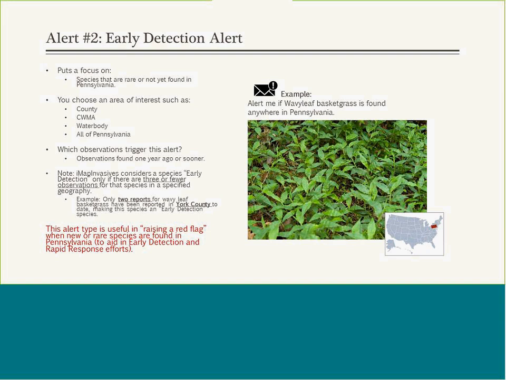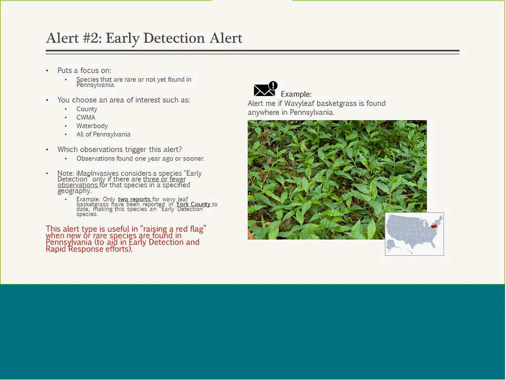You could say, alert me if wavy leaf is found anywhere in Pennsylvania. This is one that we want to know about because right now it's only been found in 2 state parks in York County. So if it's found anywhere else in Pennsylvania, we really want to know about it. This alert would trigger and would tell you if any more reports came in.